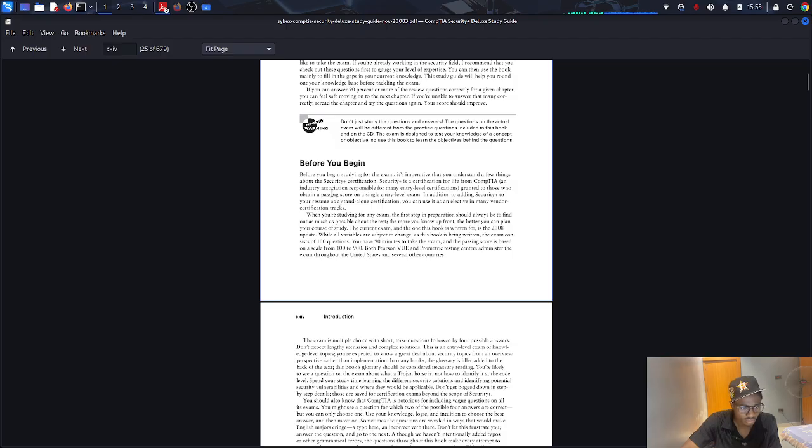Before you begin studying for the exam, it's imperative that you understand a few things about the Security+ certification. Security+ is a certification from CompTIA, an industry association responsible for many entry-level certifications granted to those who obtain a passing score on a single entry-level exam.